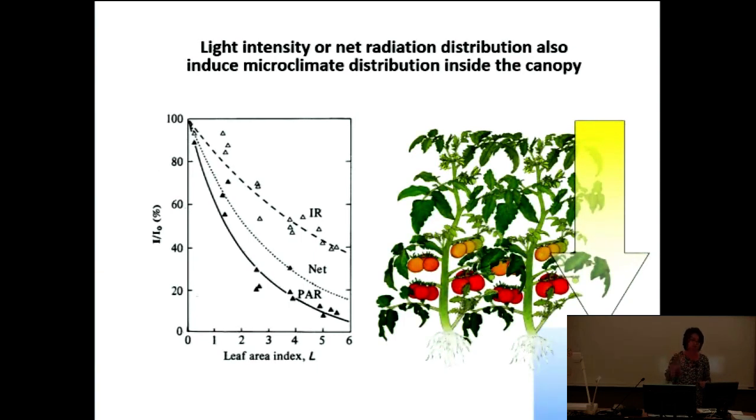So the extinction coefficient basically determines the curve of this declining light intensity inside the canopy. Compared to the top of the canopy, which is 100%, the light intensity declines going deeper and deeper. And then we use leaf area index to cancel the leaf distribution effect, so it's a standardized value per leaf area index.